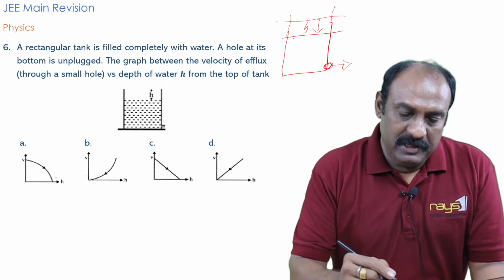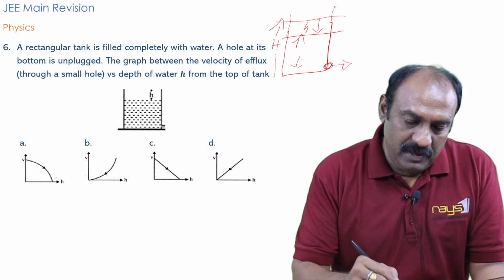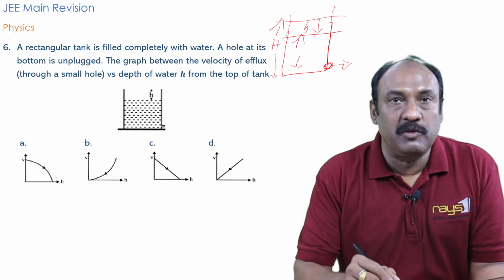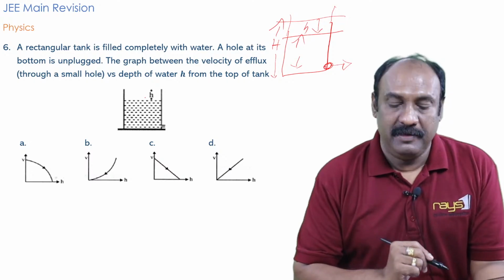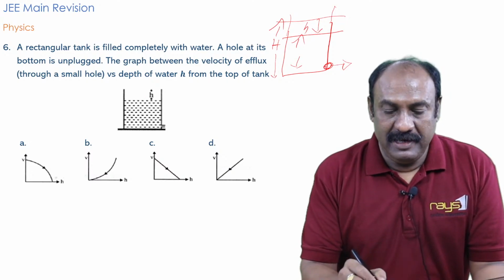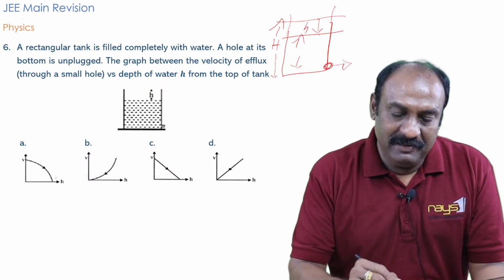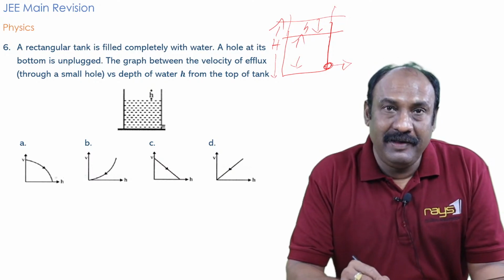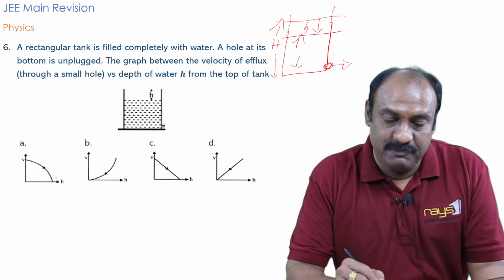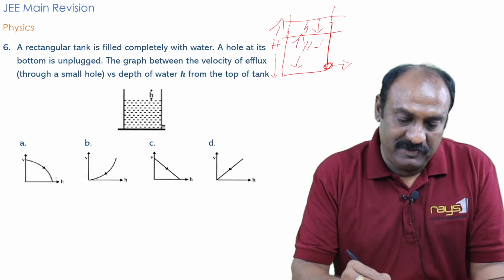Suppose initially it is H, and after some time the level drops by small h. Small h is measured from the free surface to the level. At the time of observation, the height of water with respect to the small hole made at its bottom is H minus h.